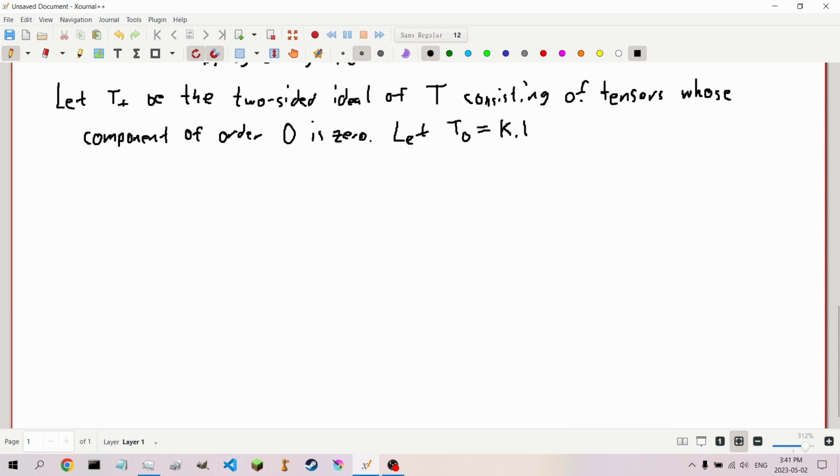Don't listen to me. So the 1 is just 1 in K, so this is the set of elements of order 0, and that is why you don't listen to what I say.